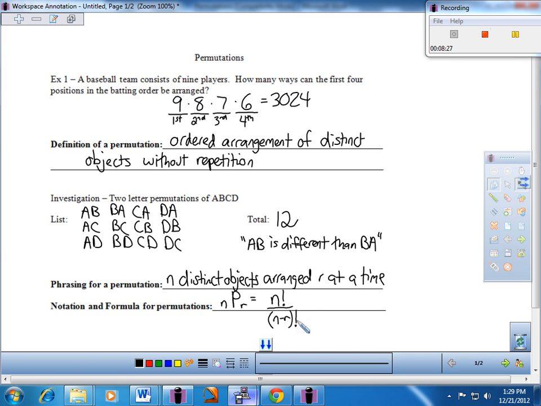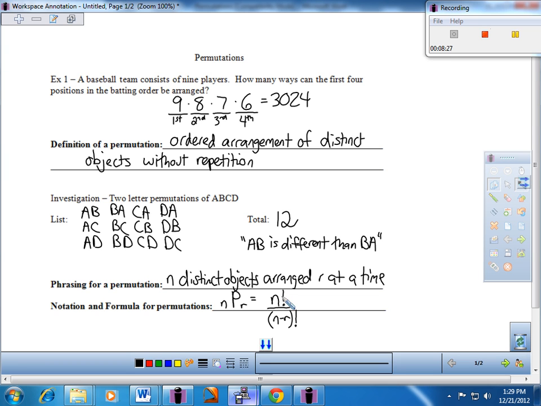You'll see that this formula makes perfect sense with what we developed above in example 1, and also with this investigation right in here. So what do you say we just take a minute or two and make a couple connections with this formula, starting with a certain set of objects and arranging a subset of them at a time.